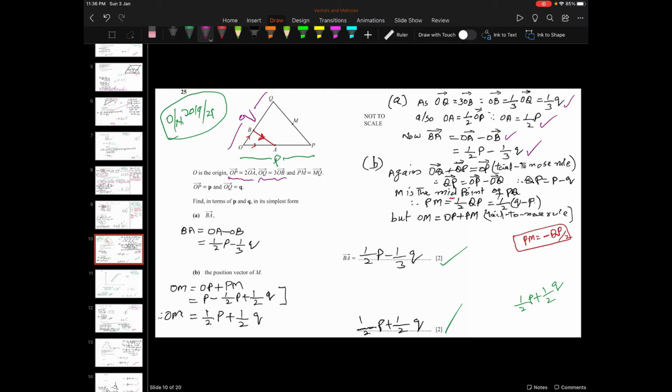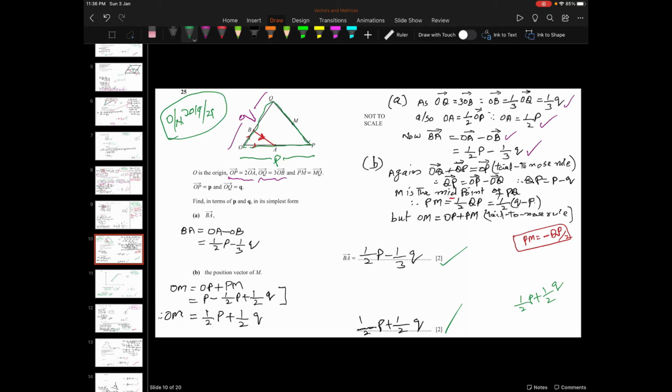Now in part B, we should find the position vector of M. It means we should find OM. Again, OQ plus QP is equal to OP using tail to nose rule.